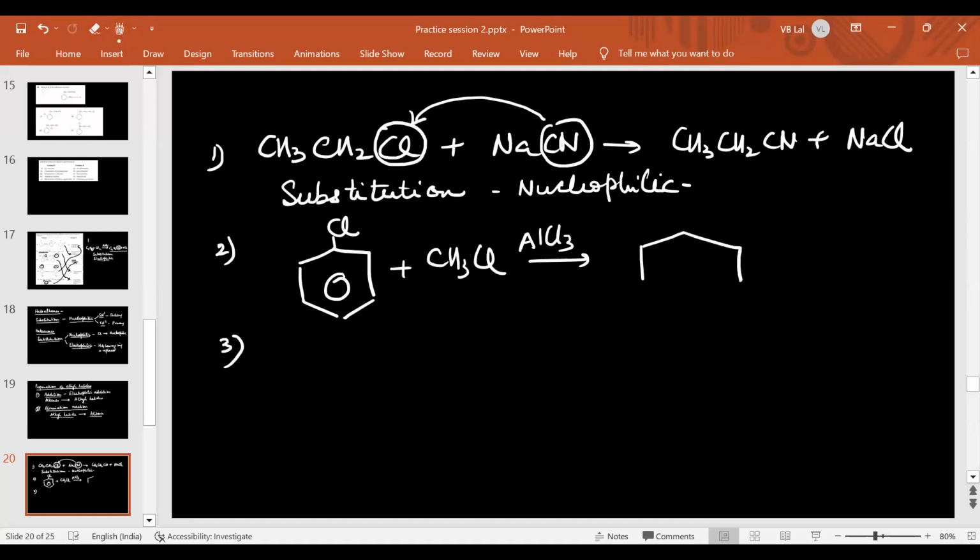I will get, the Cl is not affected, Cl is as it is, but I put a CH3 here, and HCl. What type of reaction is this? Is it addition or is it substitution?